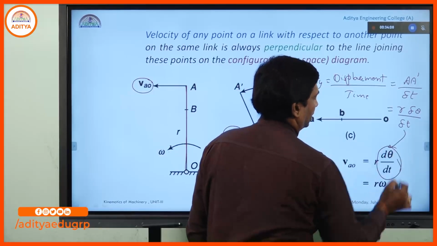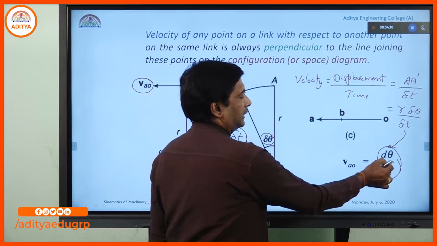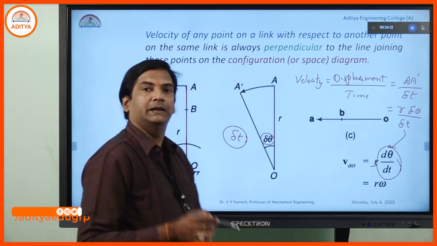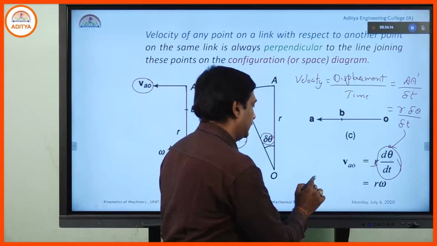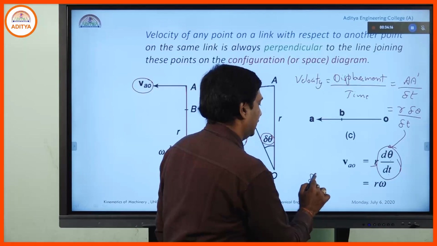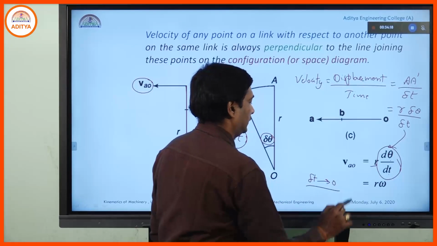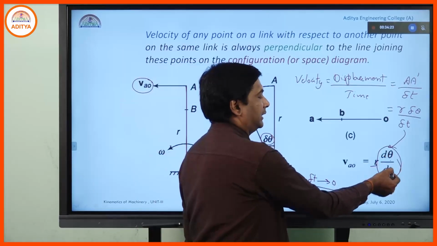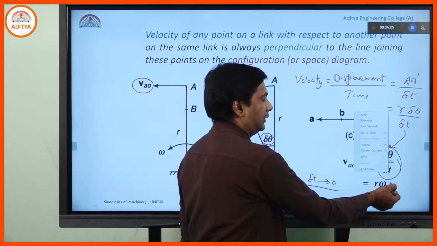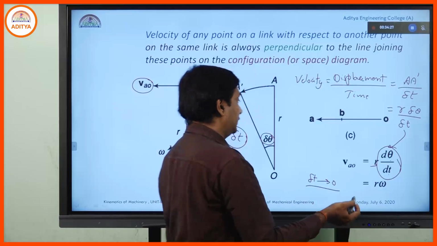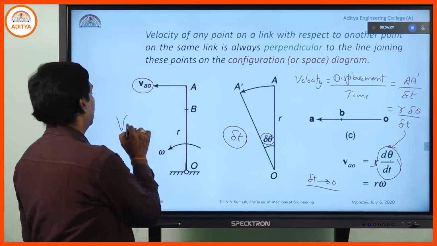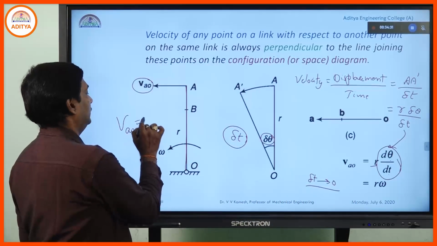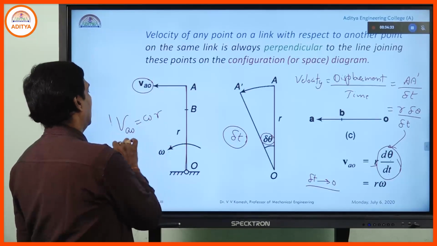This can be written as r d theta by dt in the limiting case when delta t becomes 0. So it becomes d theta by dt, which is called omega, the angular velocity. That's why VAO is equal to omega into r.